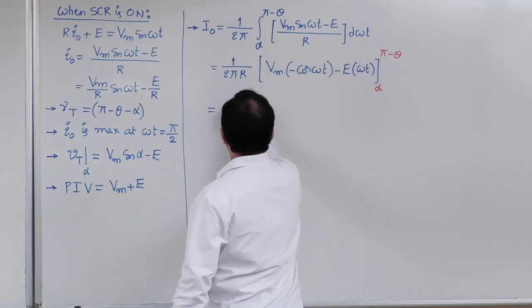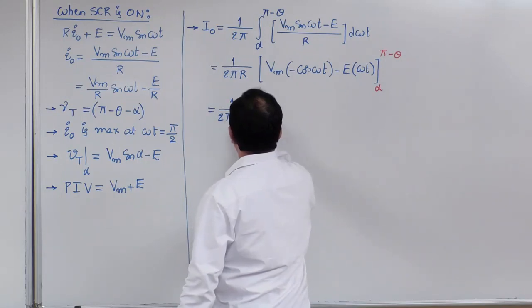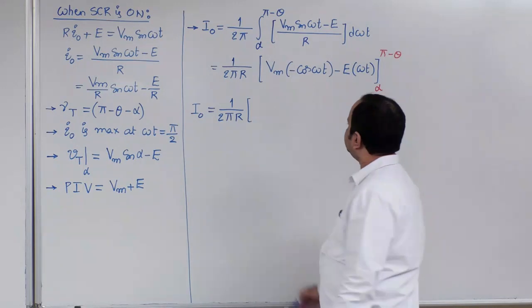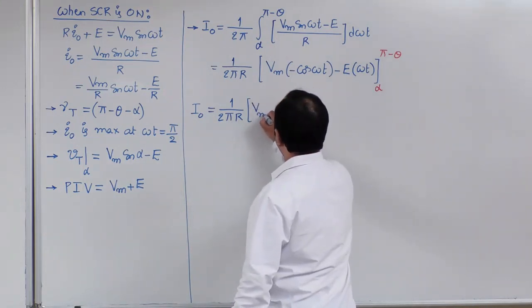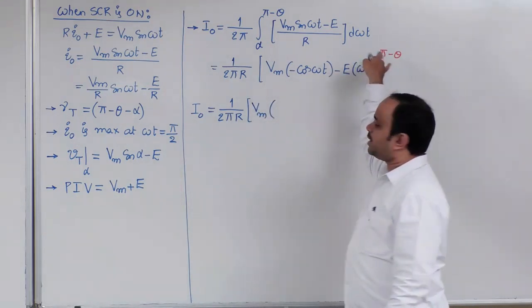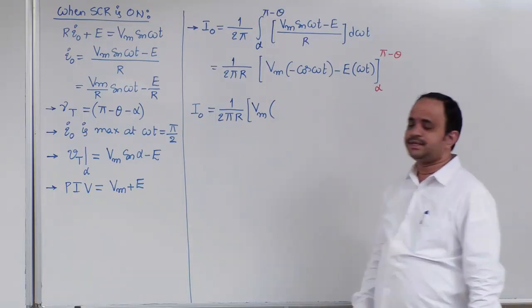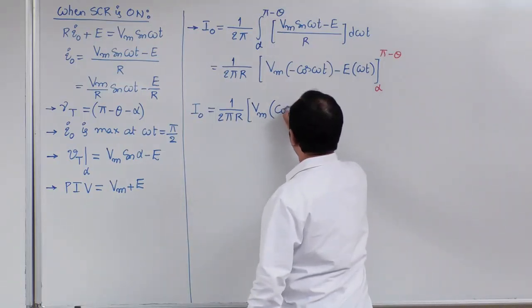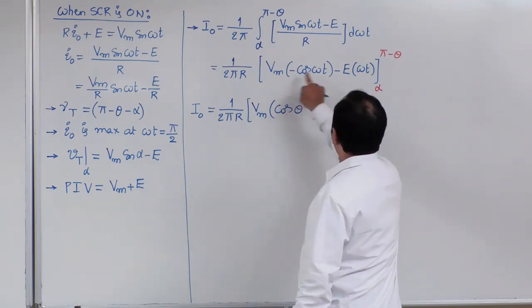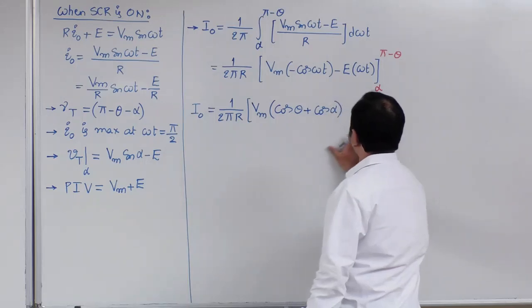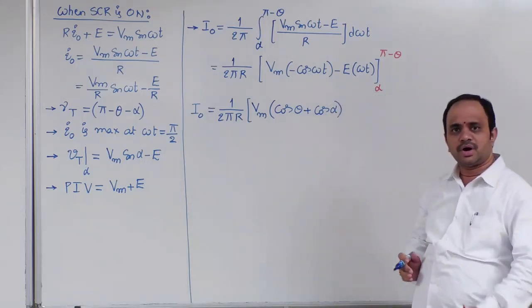Therefore, we can further simplify like this: 1 by 2 pi R is multiplied with Vm into, what is the upper limit? Minus cos of pi minus theta. That will give you cos theta, minus of minus plus lower limit, that will give you cos alpha.